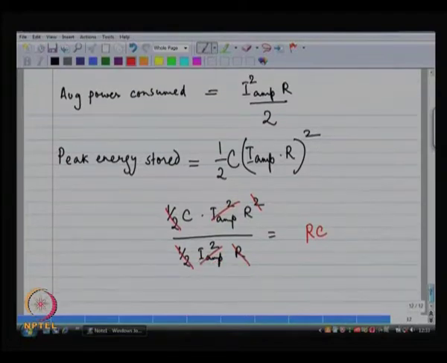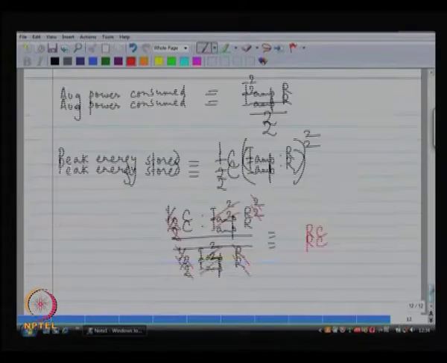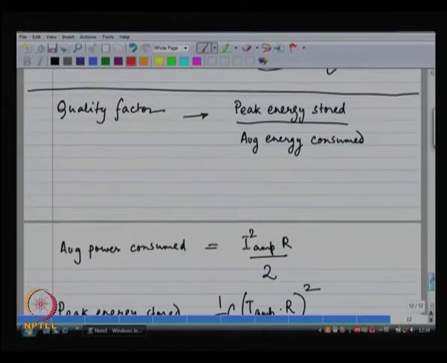This is not right. This has units of time. I am dividing an energy by a power, so it will have dimensions of time. So, this can't be right. Okay, what I wrote was correct.